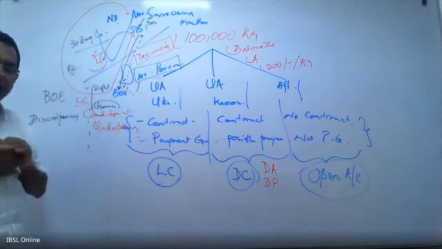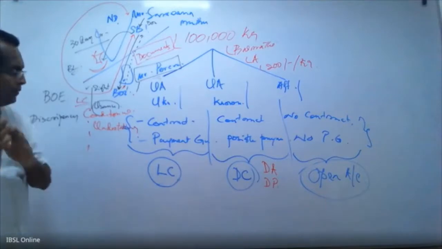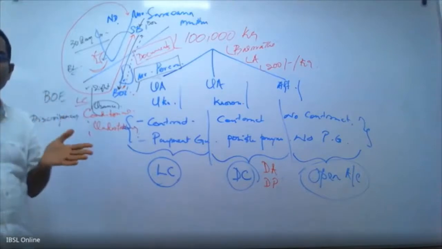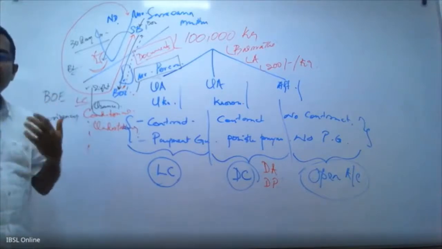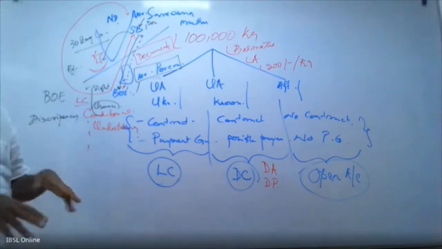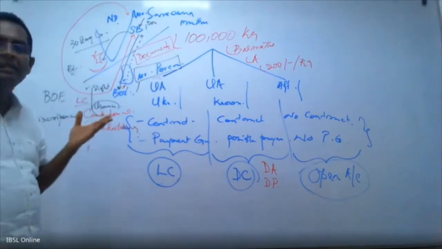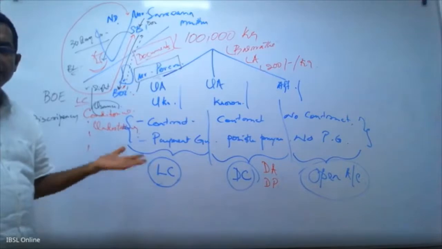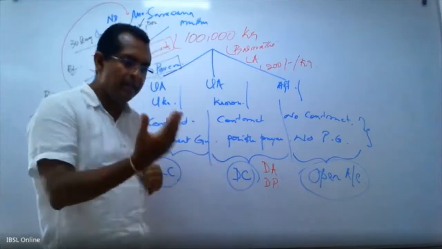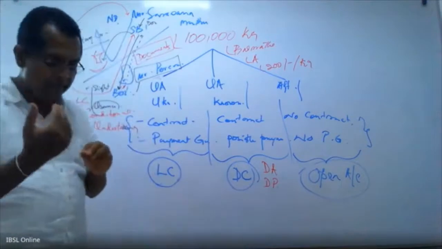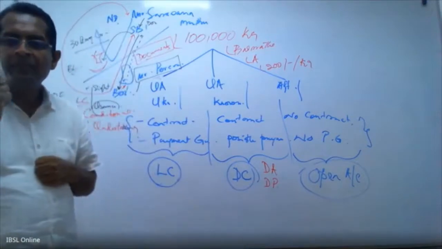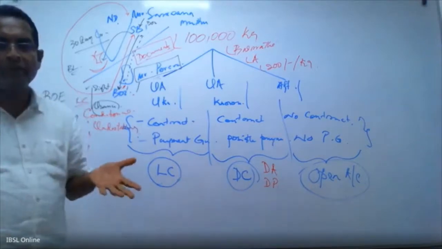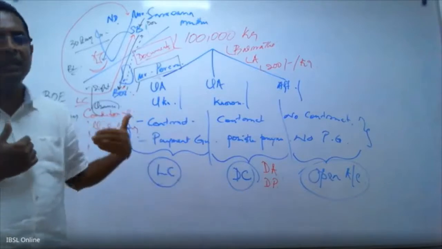Right? If he pays well and proper, we will send the money. If he does not pay, we can't do anything. We are not responsible. We are not liable to pay. We will tell the State Bank of India, this customer is not paying, we can't do anything. Right? That is DA. We release after some time, depending on the credit period, we will contact the customer and try to collect the money. If they don't give, we can't do anything. We will inform the other party.